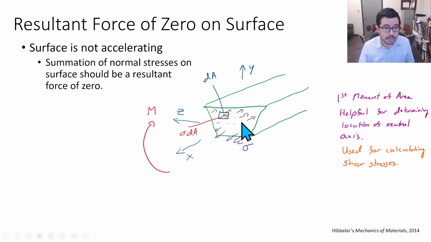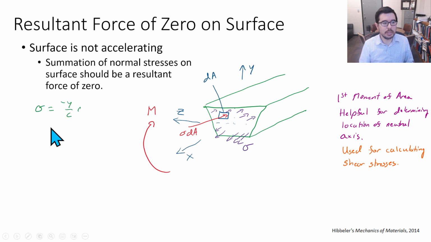These purple arrows are going into the material, reflecting a compressive stress. Below, we have a tensile stress coming out. We saw this when we were taking the cross section, looking at compressive strain and tensile strain.